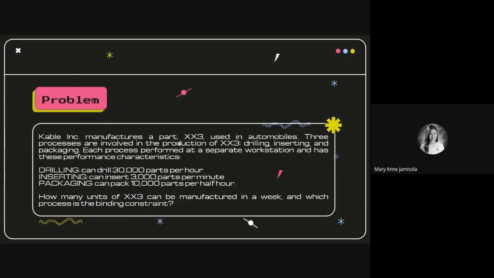So in a week, we have 40 hours of work. So that's 20,000 parts times 40 hours per week. So we can only manufacture 800,000 parts per week because of the constraint here in packaging. Can we increase our production? Yes, if we can improve our packaging function.